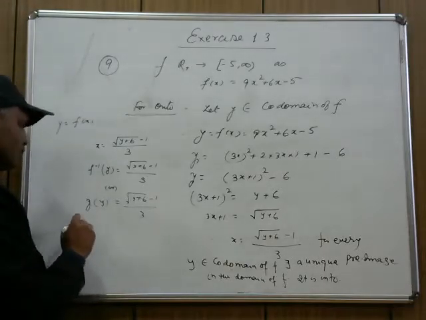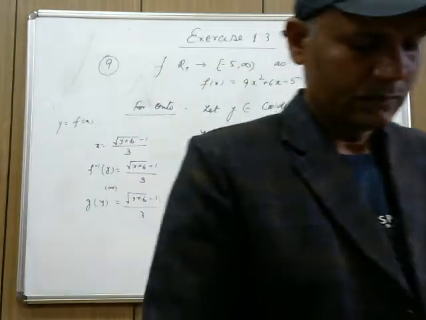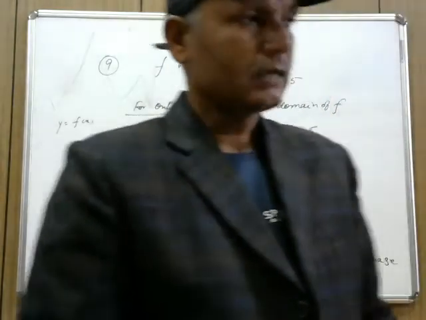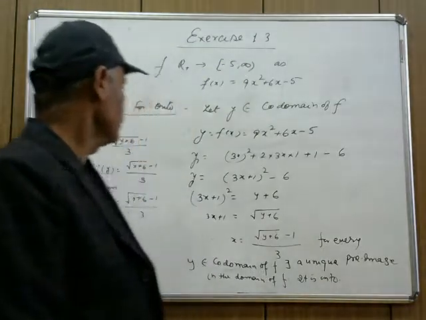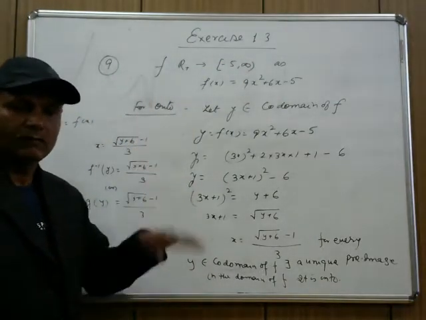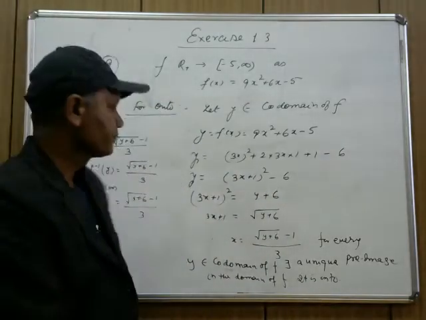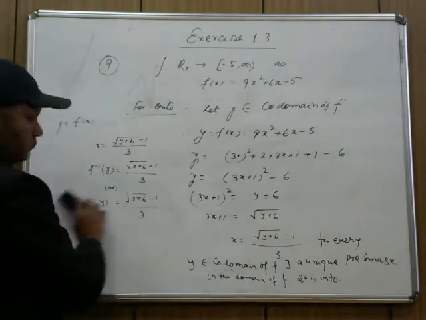And now the second part I have to prove is that it is invertible. For invertible, what do I have to prove? I have to find f of g of x and g of f of x, right? Fine. Can you write it now?